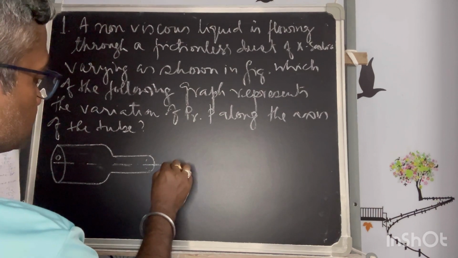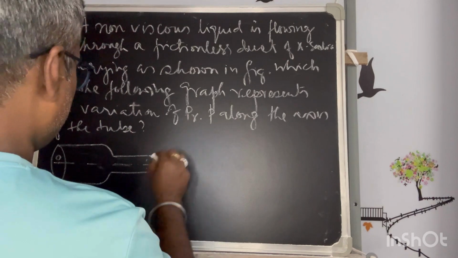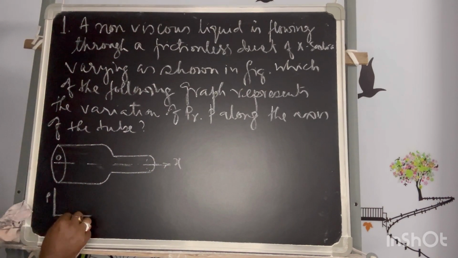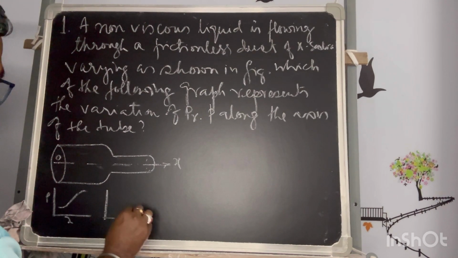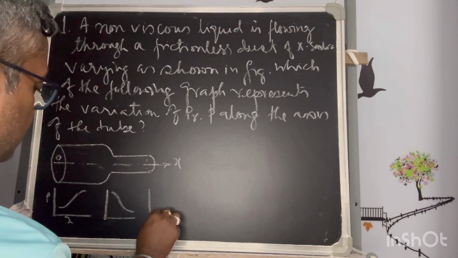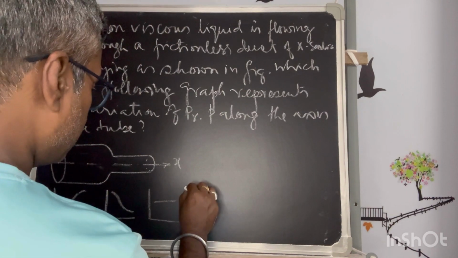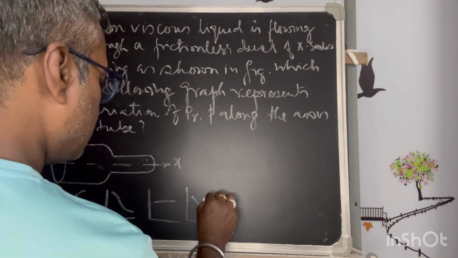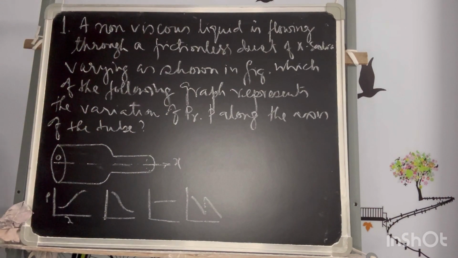This is an exaggeration, in which the flow is happening, and four graphs are given. This is P versus X drawn. The first graph is like this. The second graph, same P versus X, is the reverse of that. The third one is given as a straight line, and the fourth one is a dotted and firm line this way. So which one is correct?